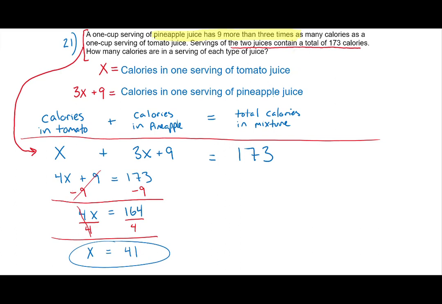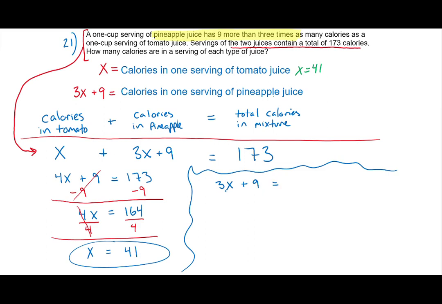Let's put this in green: x equals 41. So now we can use that to figure out the number of calories in the pineapple juice. So the pineapple juice has 3 times x plus 9 calories. Now we know what x is. x is 41.